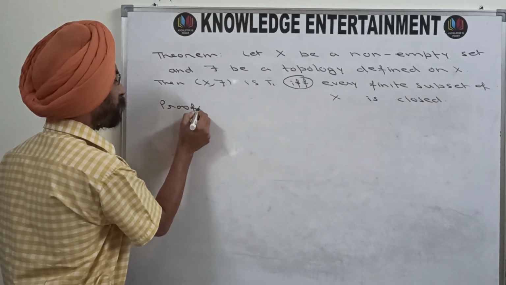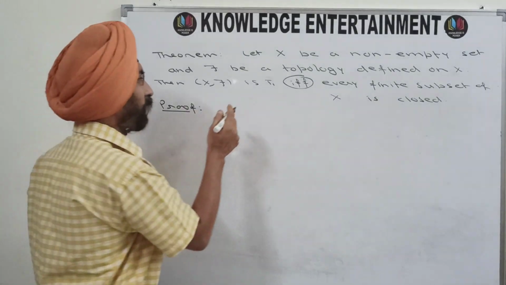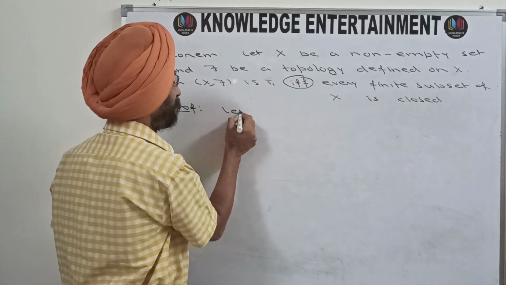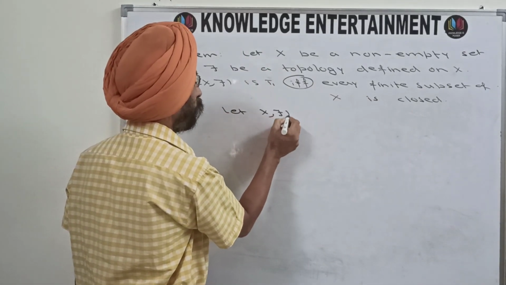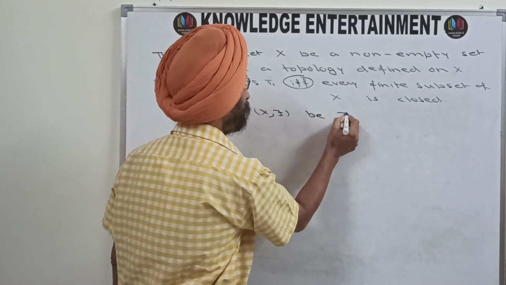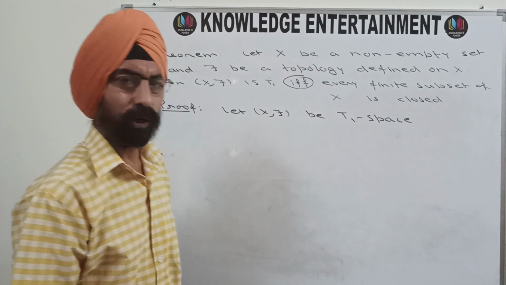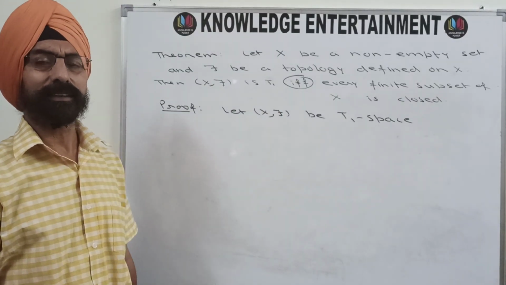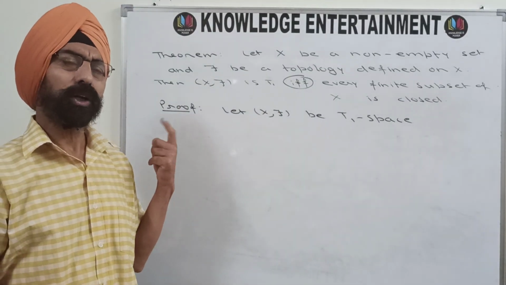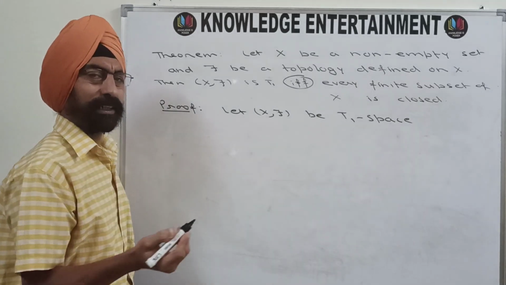For the proof of this theorem, first let the space (X, tau) be a T1 space, and now we will show that every finite subset of X is closed. So let us consider a finite subset.